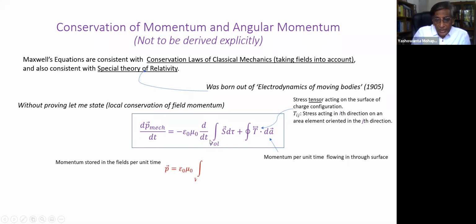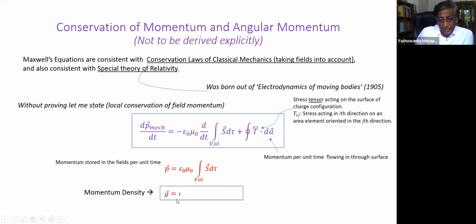In that case, I can define the momentum stored in the field as epsilon naught mu naught integral of S dτ. And I can talk about momentum density, which is more important.